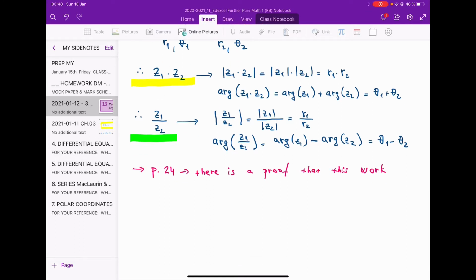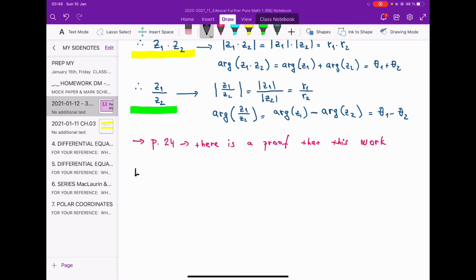First, I'll do a question that is not in the book. Let's just try some. For example, I'm going to call it example 1. Imagine you have z1 equal to 1 plus i, and z2 equal to 1 plus root of 3 i.